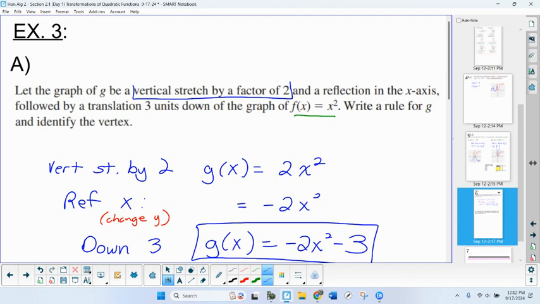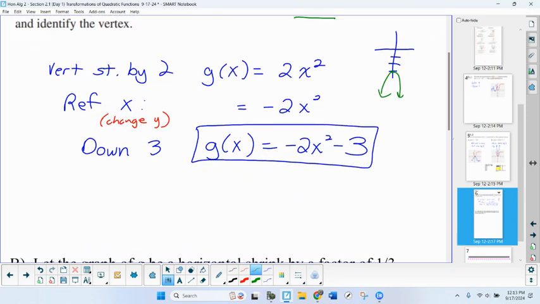Now, what's the vertex? Okay, we already talked about it. We said vertical stretch, got skinnier, reflect over x, opened upside down. Didn't change my vertex. But now when I went down 3, did that affect my vertex? Yeah, so now my vertex is down here. I'm skinny and open down. So what is my vertex? Careful, it's a point.